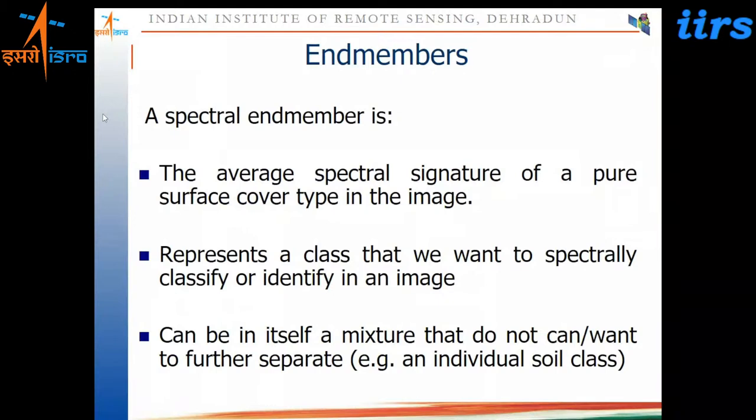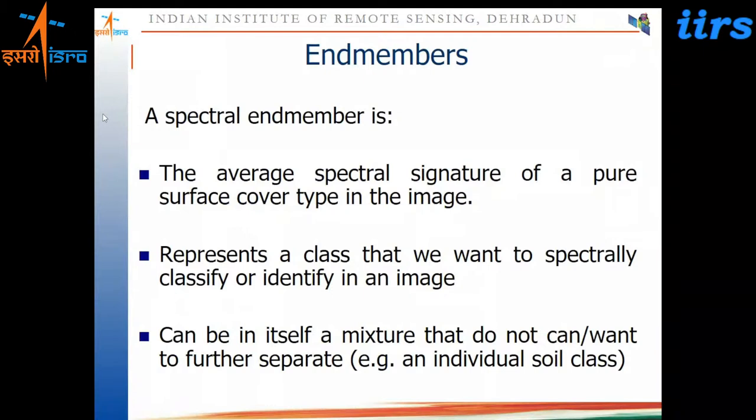For example, if I am interested in the class of a mixture of water and vegetation, then that mixed pixel, which has the combined spectral signature of water and vegetation, will be my end member. Either my satellite data has limitations, or my study area doesn't have a pure pixel, or I'm not interested in separating these two classes. I want to highlight the pixels which have a mixture of water as well as vegetation. Then that will act as my end member.